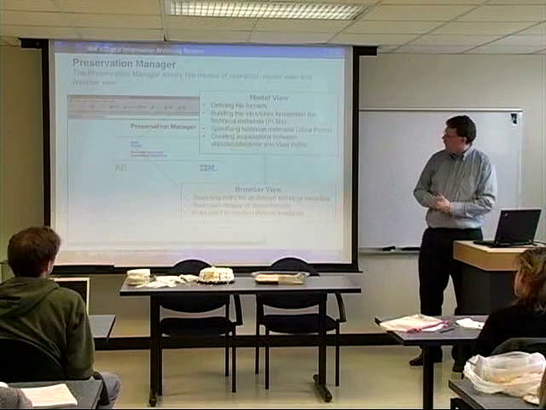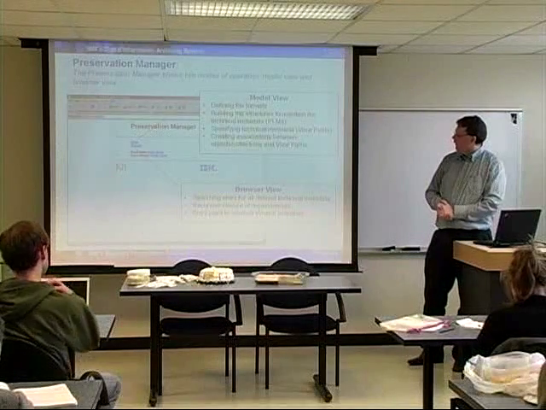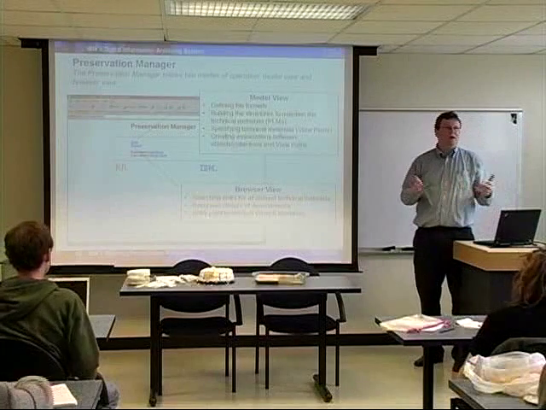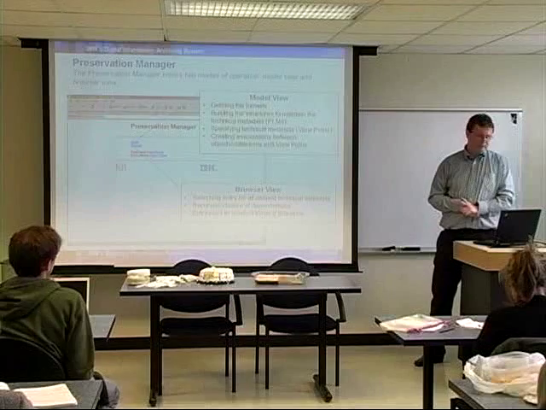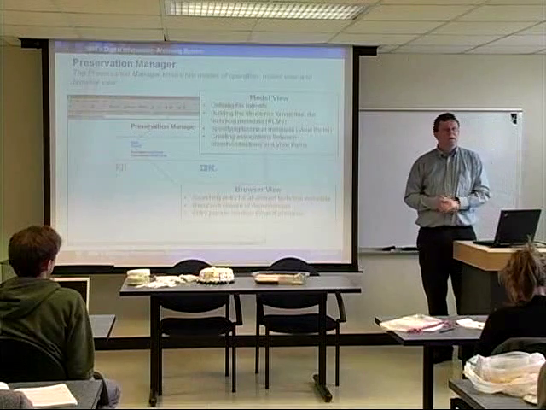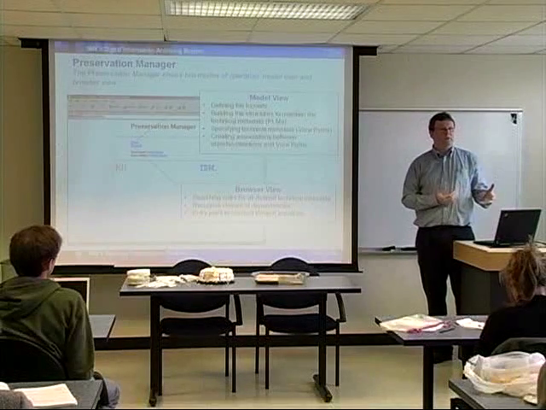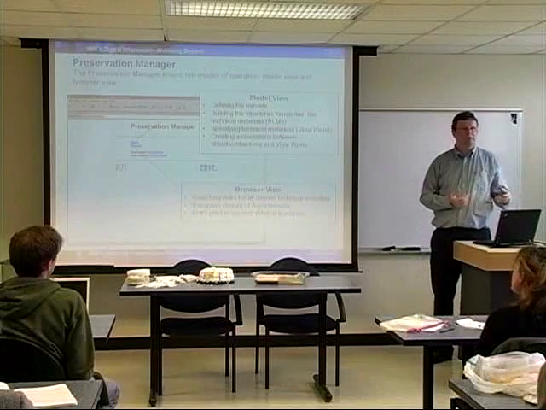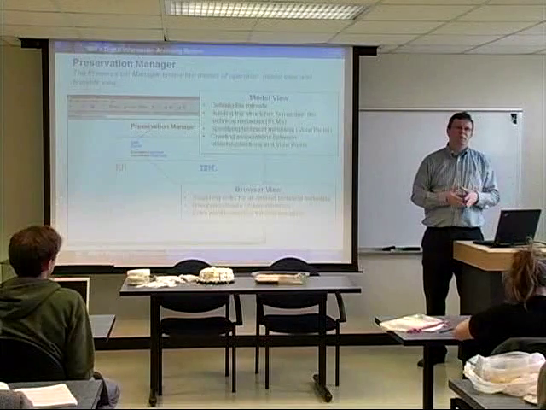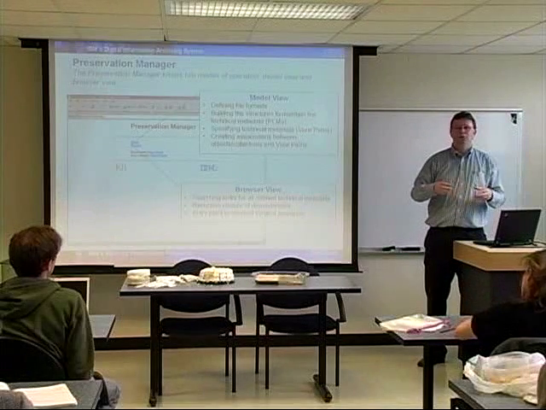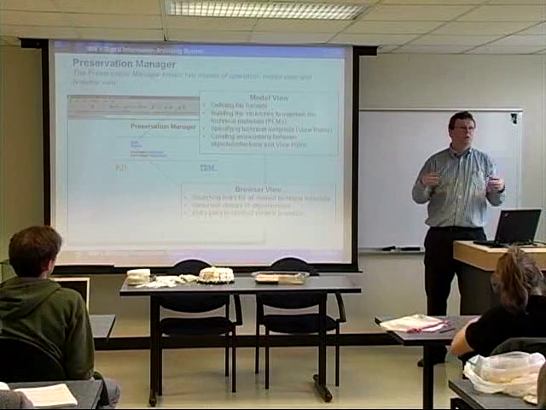On the usage part, we have a browse view, where you can browse through all the technical metadata that's being maintained in the preservation manager. You can also look at the recursive closure, and what do I mean by that? Everything, and that's coming in the later slides, is built on the elementary building block, attributes.